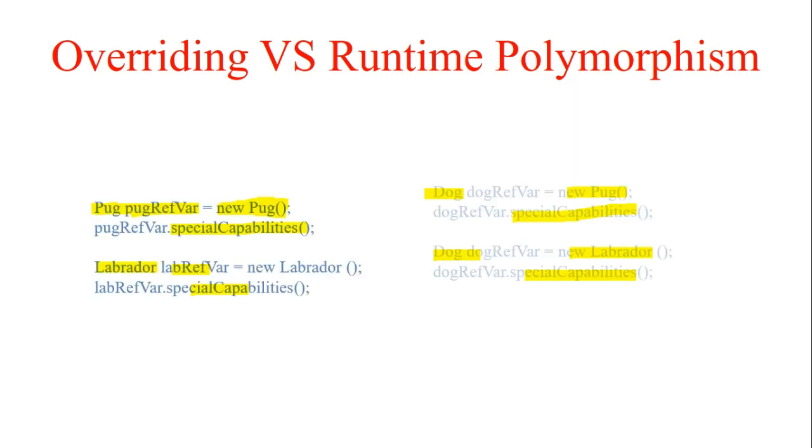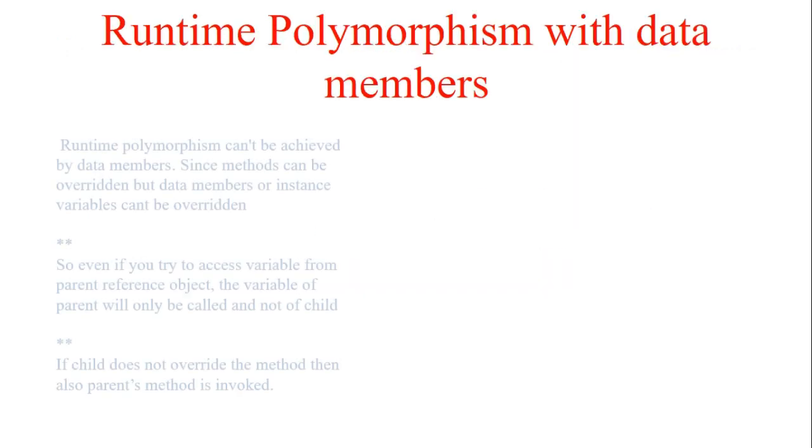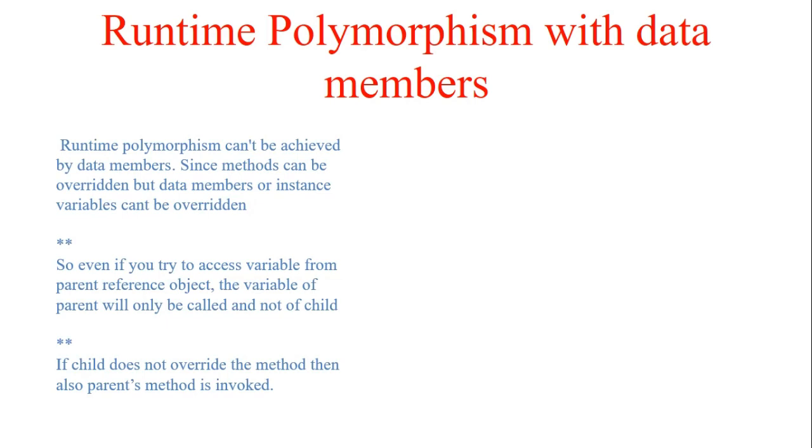Now the second important thing is that you cannot achieve polymorphism with data members or variables. You can achieve runtime polymorphism only and only with methods. So what are data members? Data members are nothing but variables or the method arguments.